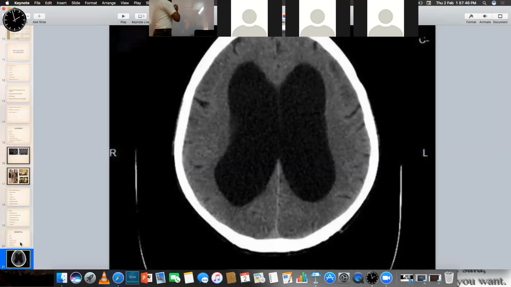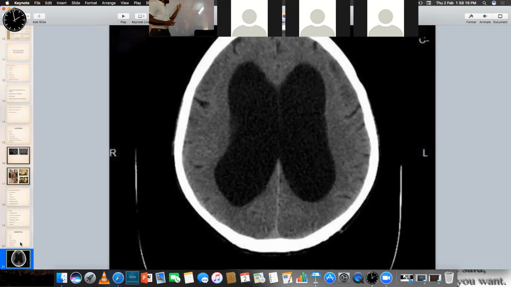If these are the ventricles, this is the cerebral cortex surrounding it, the brain matter surrounding it, and this is the whole of the brain. If these are expanding, they're increasing the pressure on the surrounding gray matter, is it not? Because of pressure, the surrounding brain matter, parenchyma, is going to atrophy.